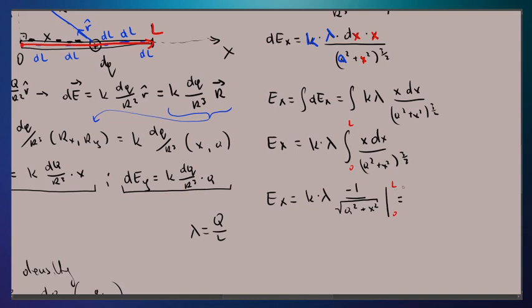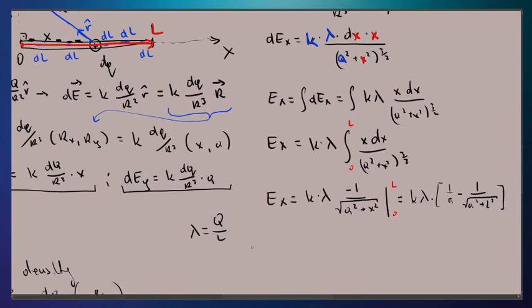That makes a little more sense because I put L in here. So when I put L into x, what I should end up with is k lambda times 1 over a minus 1 over the square root of a squared plus L squared. Yeah, that's better. It's much better.